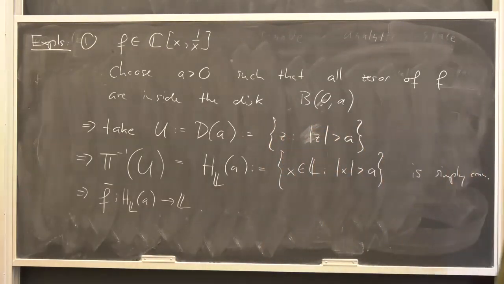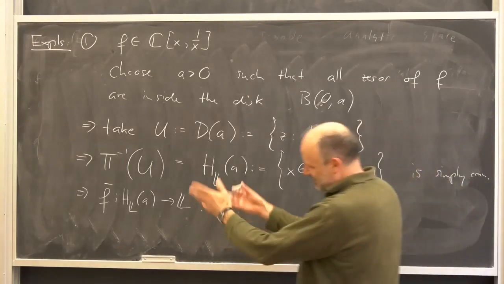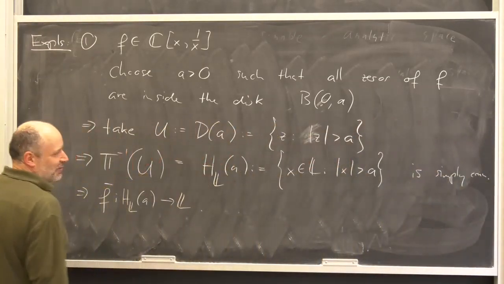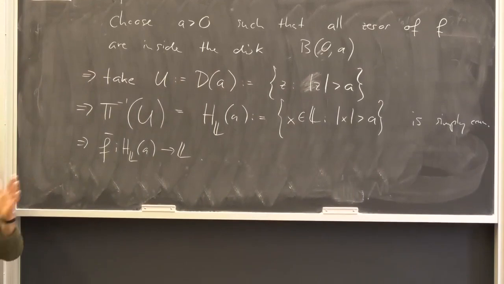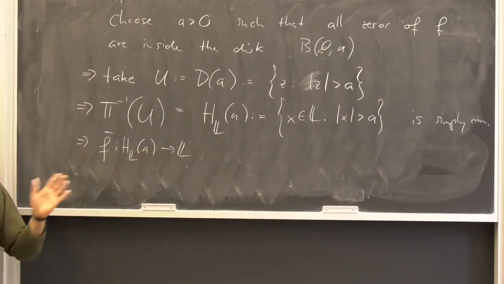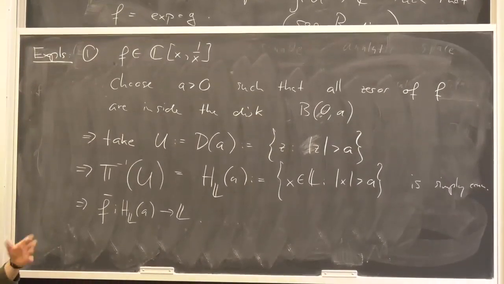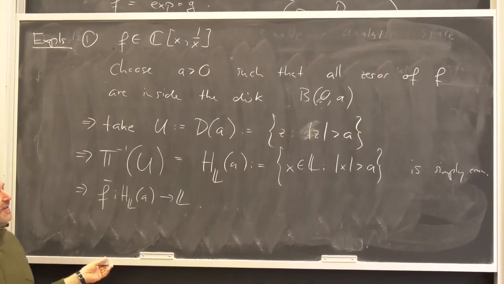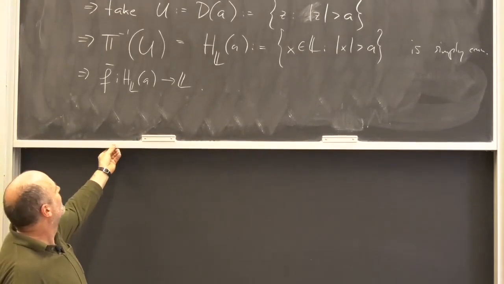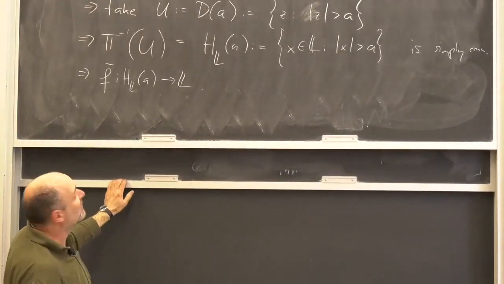Yes, of course it depends on A. But it's coherent, right? If you use different A's that work, then whichever defines the smaller domain, they agree on that domain. As defined here, it does depend on A.